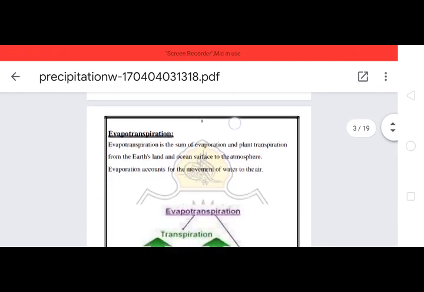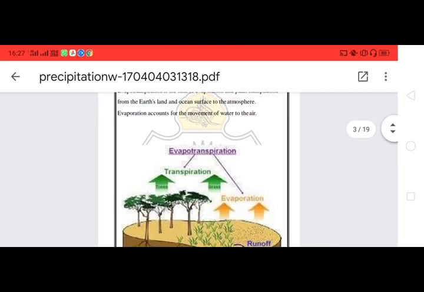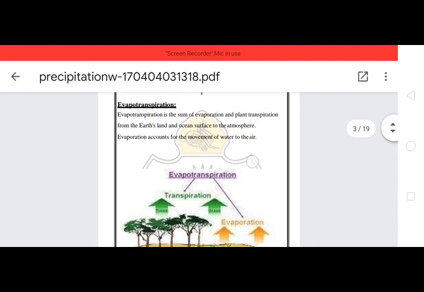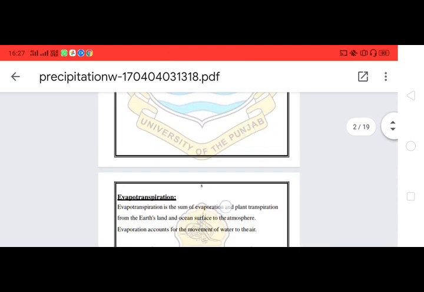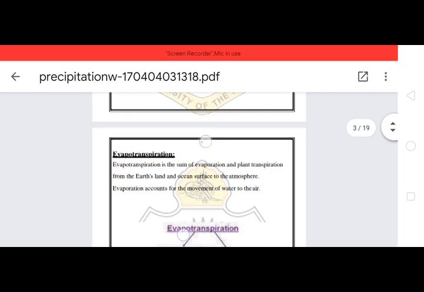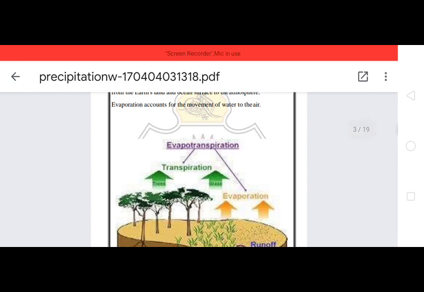Then what happens? We have evapotranspiration. Evaporation, as we discussed in the previous point, and transpiration. What is transpiration?